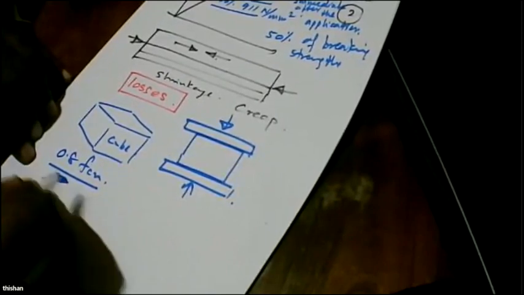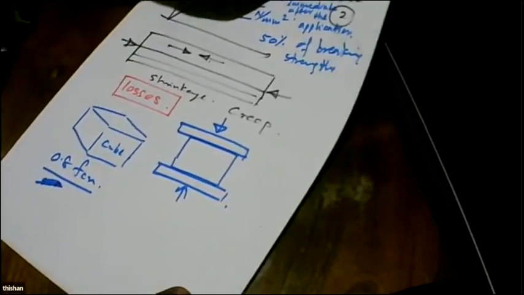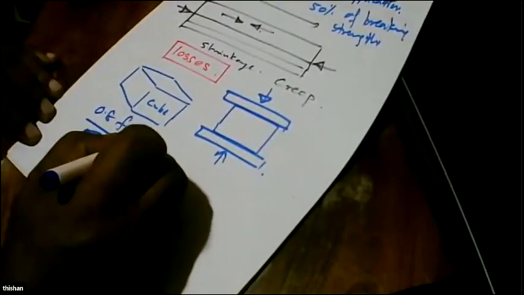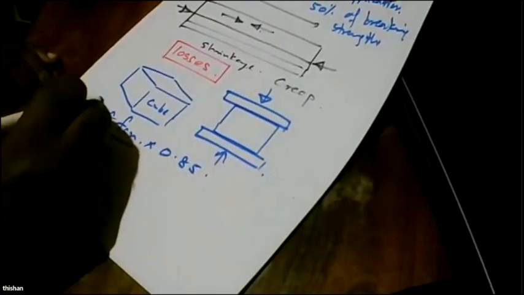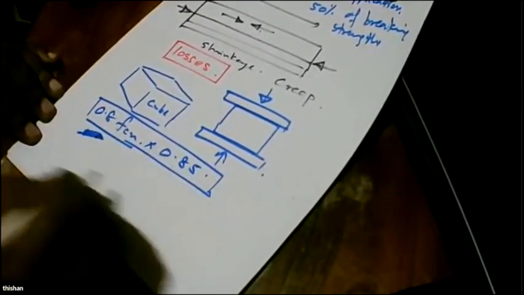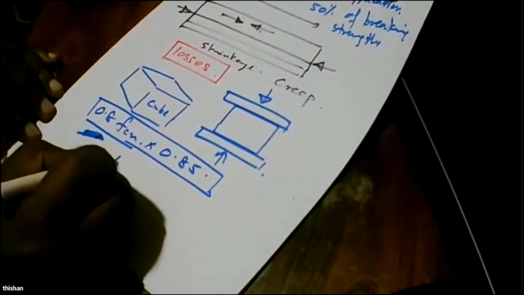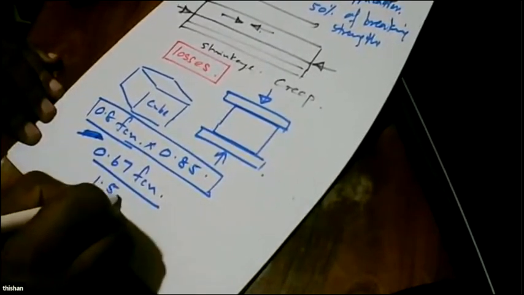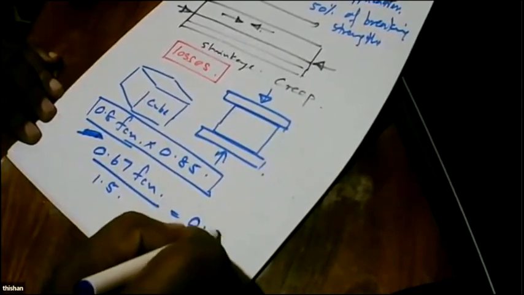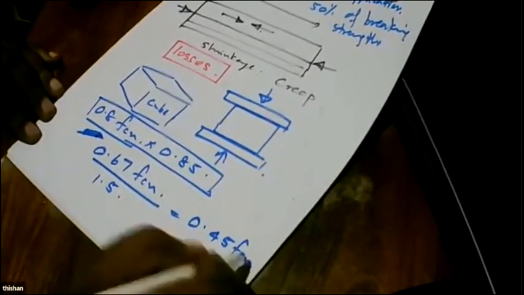Sorry. So we consider that this has to be multiplied by 0.85. So once you do that, you get 0.67 times FCU divided by 1.5. So you get 0.45 FCU.